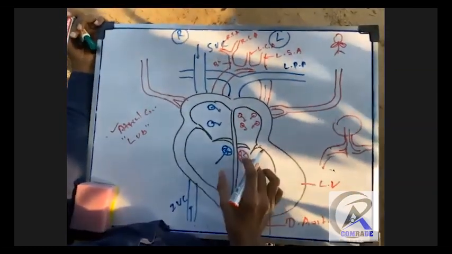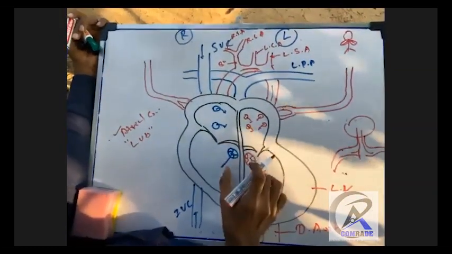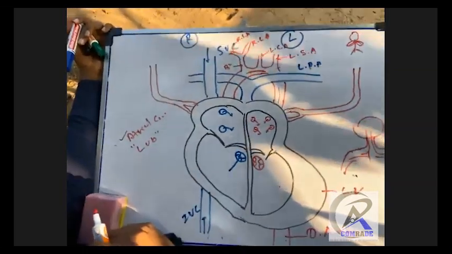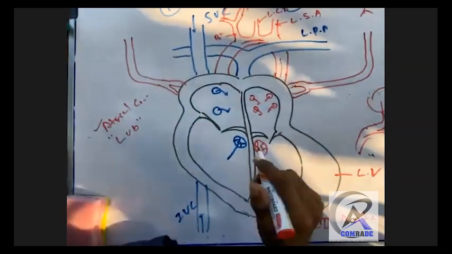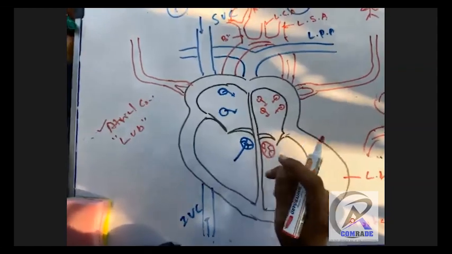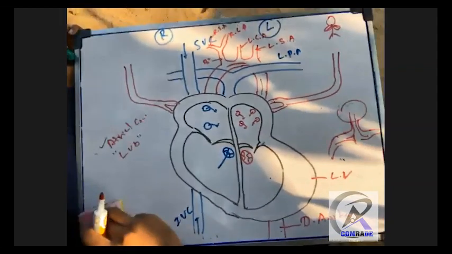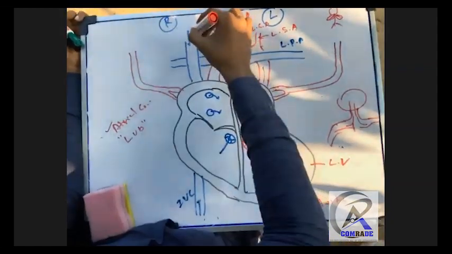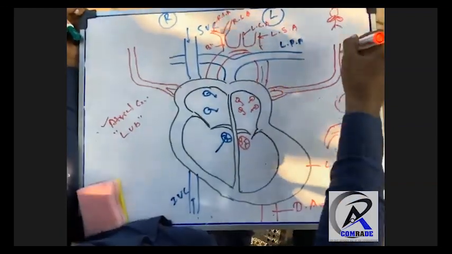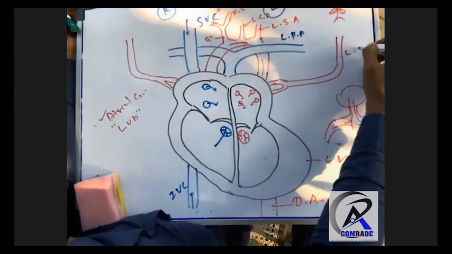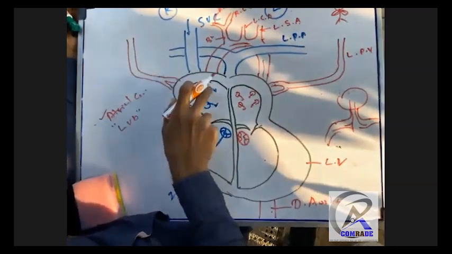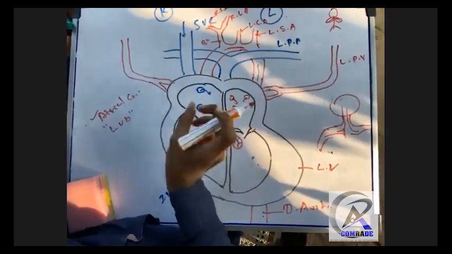So at the moment the blood enters from here and from here, both happen at the same time. Let me explain the lub sound. Blood comes from here, and from the lungs also it comes. The left pulmonary vein comes from here, and in these chambers the blood will fill.